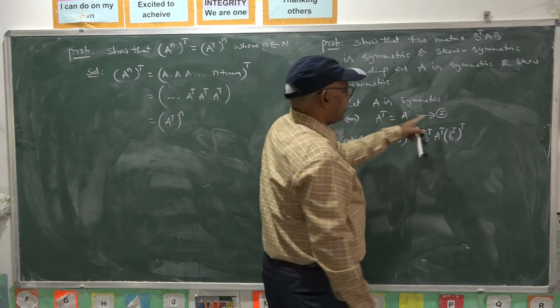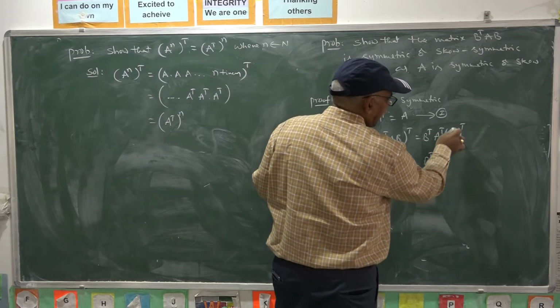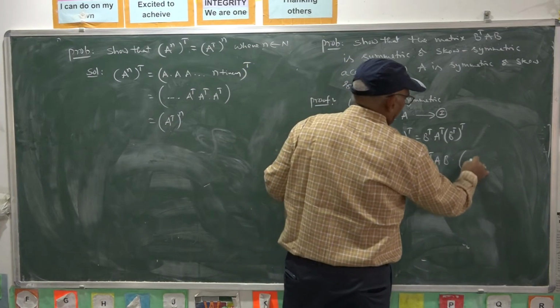But A transpose equal to A. So this is B transpose A, B transpose whole transpose is B. From 1.